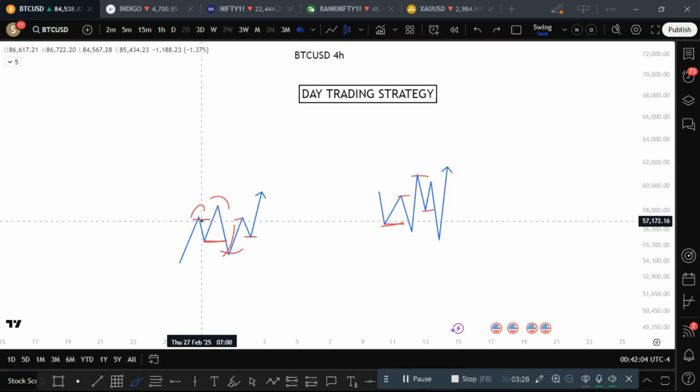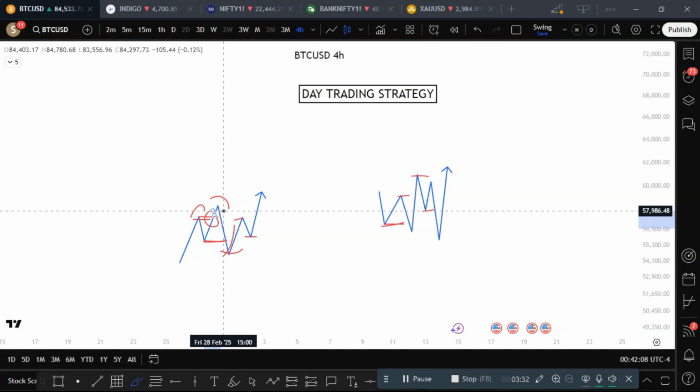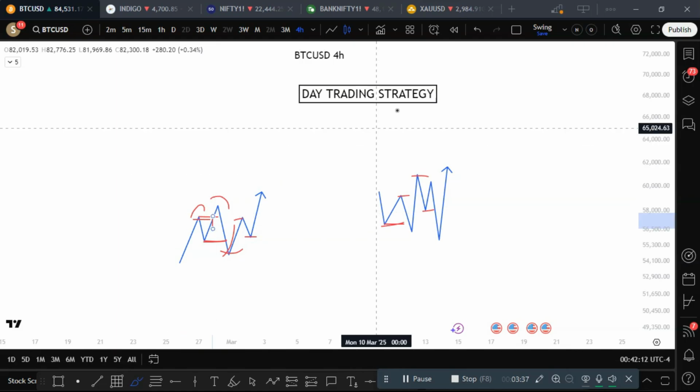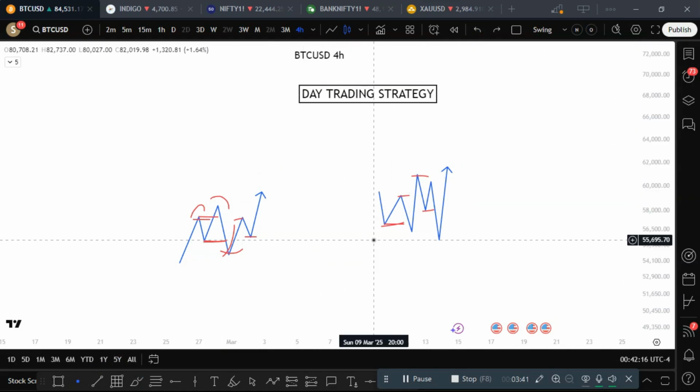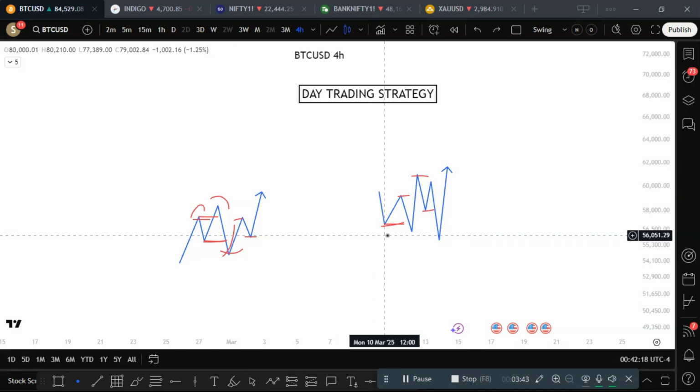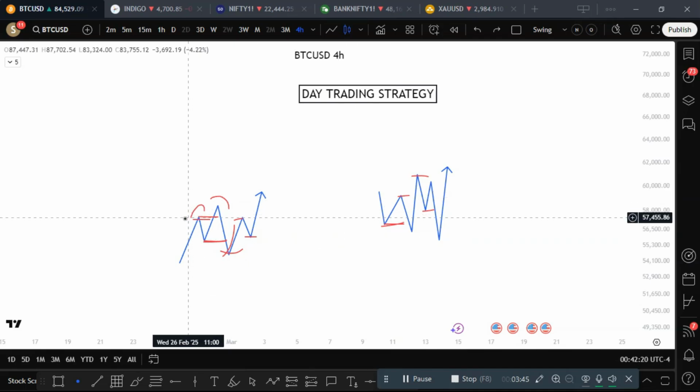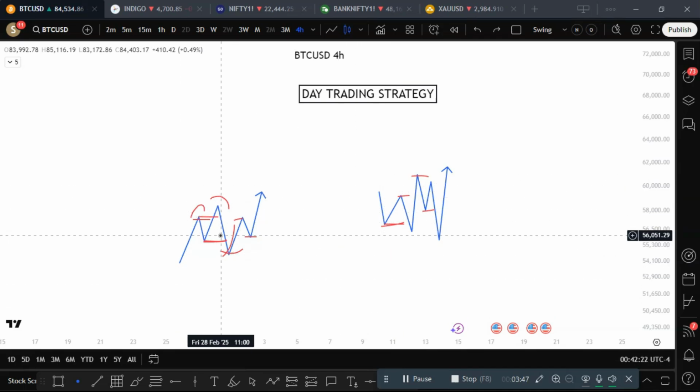So, for example, if price closed on the 4-hour chart and gave body closing, we will not enter, we need a wick. If price wicked, then we will take our entry. Basically we are placing opposite entries. Whenever price grabs buy side liquidity, we are going to sell, and whenever price grabs sell side liquidity, we are going to buy. It is simple.